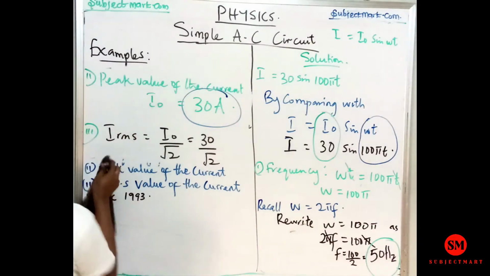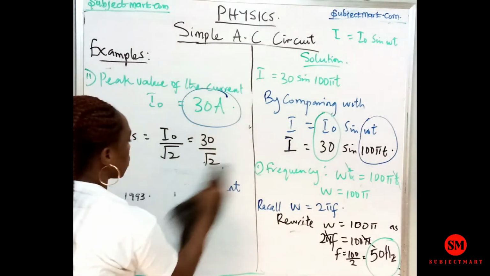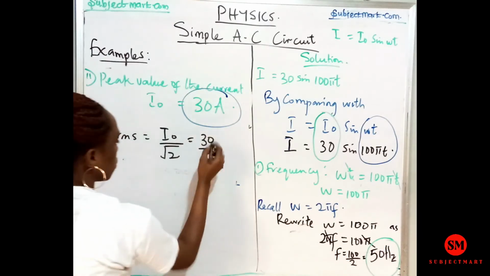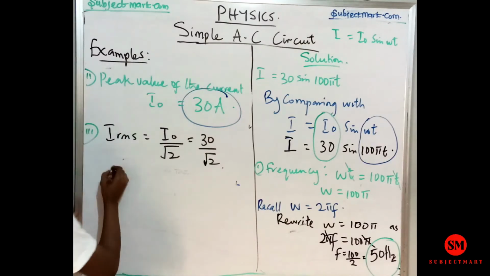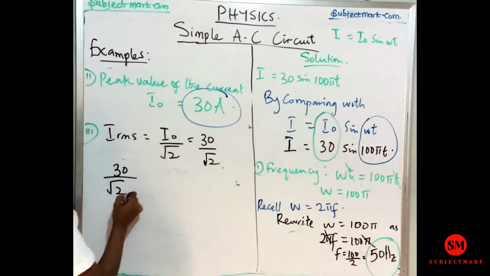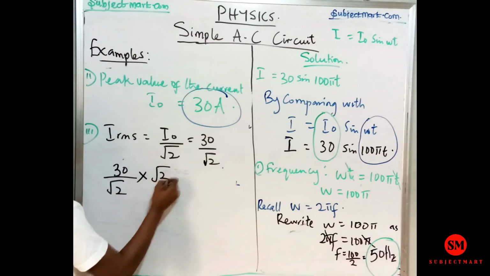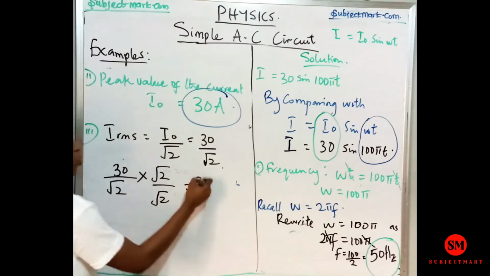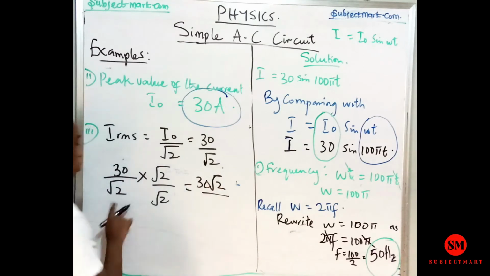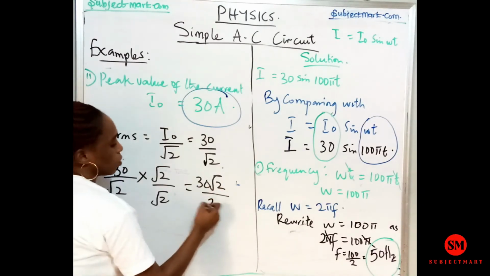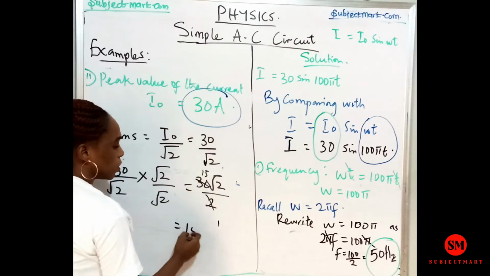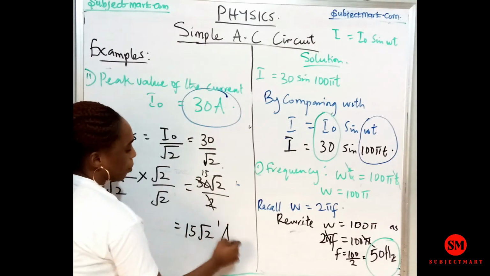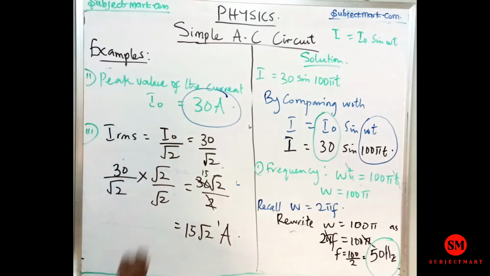So by the time we solve this, using rationalization, mathematics students, we multiply by root 2. So I have 30 root 2. Root 2 times root 2 will give me 2. 2 here 1, 2 here 15. So I have 15 root 2 amp as my RMS value of current.